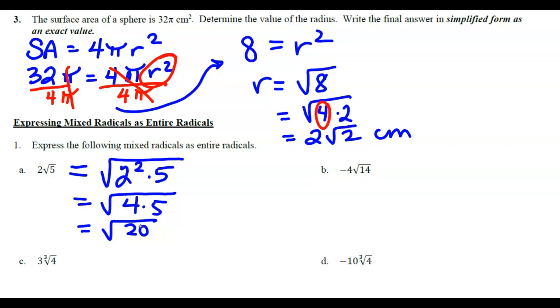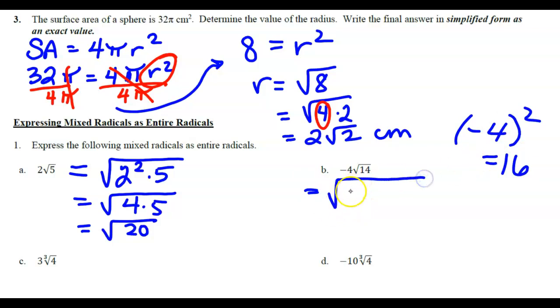Here's the deal on B. It's got a negative. So if we square a negative, think about that. If we were to square negative 4, we get positive 16. So don't write this down, I just want to show you.